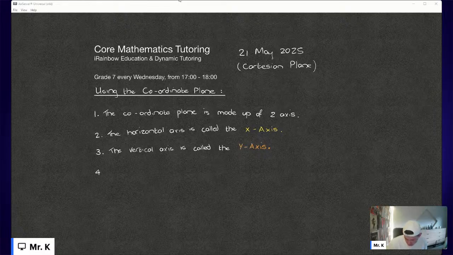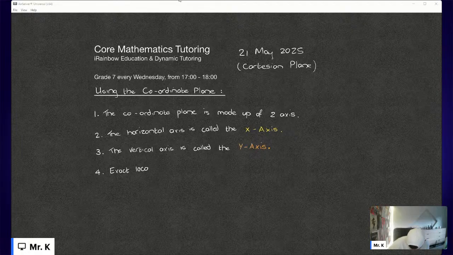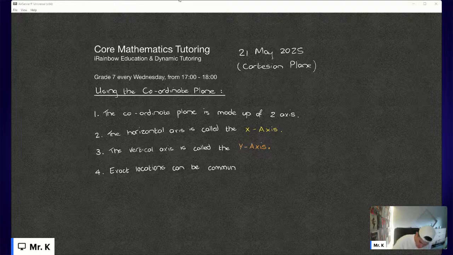Number four, what else do we need to know about using the coordinate plane? Exact locations can be communicated using coordinates.